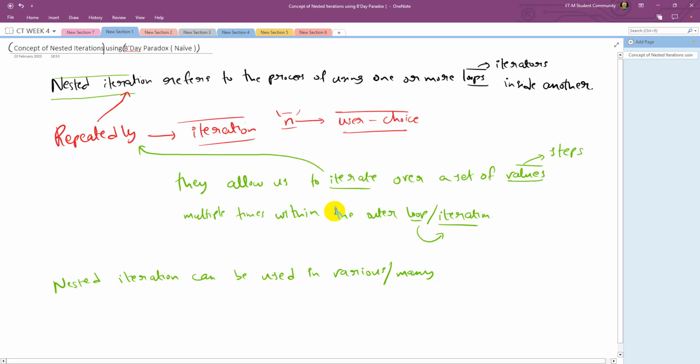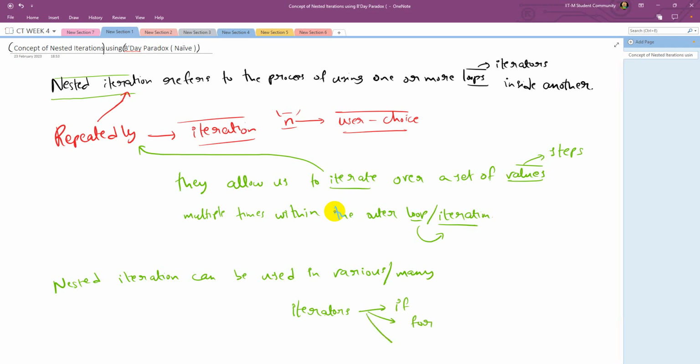because there are many conditional statements, or iterators: if, for, and while.